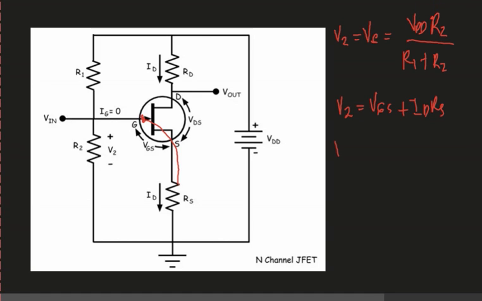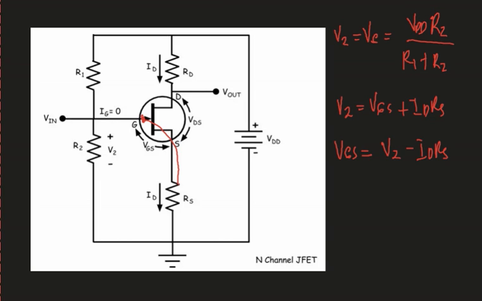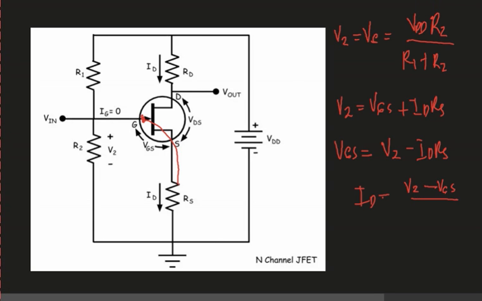That means VGS will be equal to V2 minus ID RS. If you solve for ID based on this equation, you can manipulate it to get ID equal to V2 minus VGS over RS.